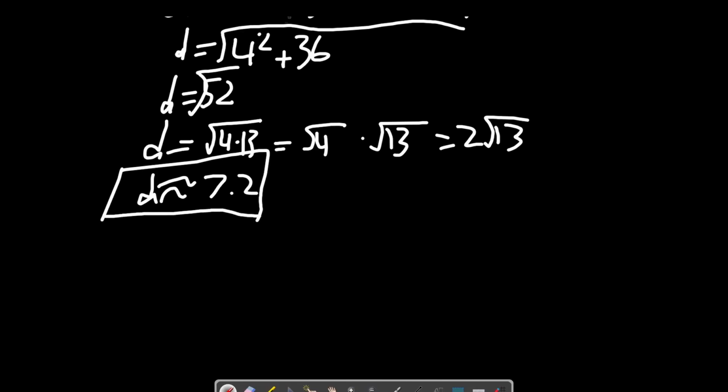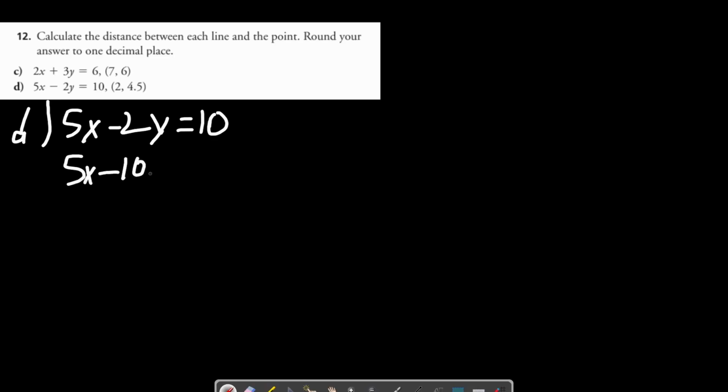Okay, next question. We're going to do D. With D, we have 5x minus 2y is equal to 10. So we're going to do this a little bit quicker. We have 5x minus 10 equal to 2y.